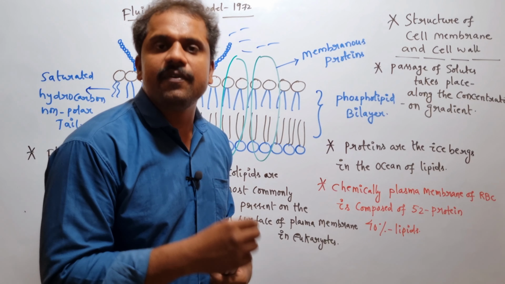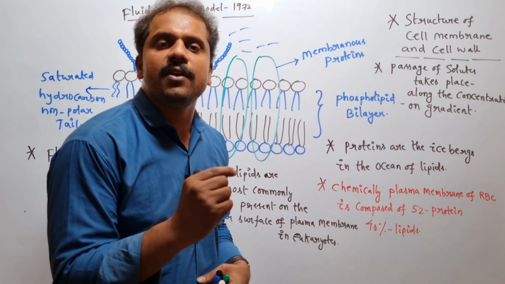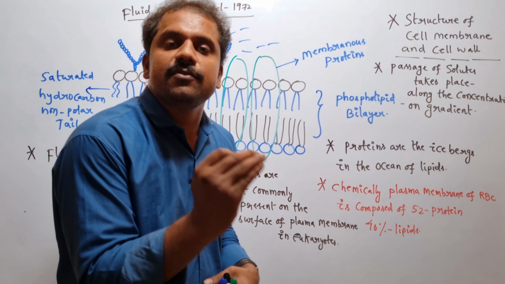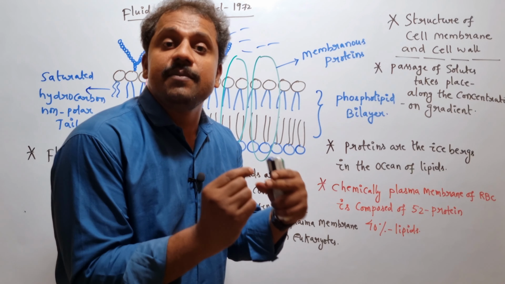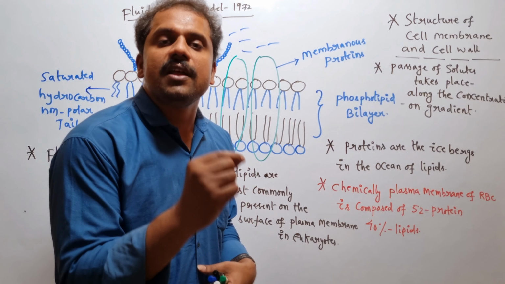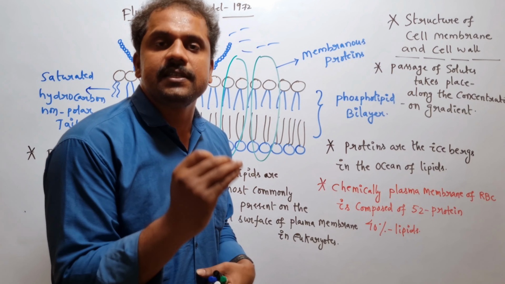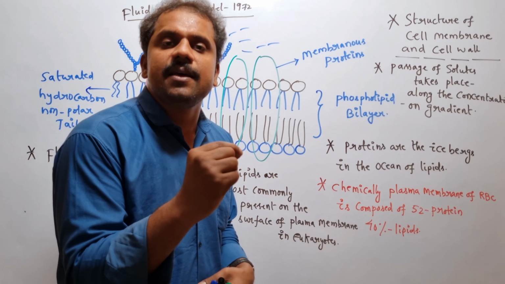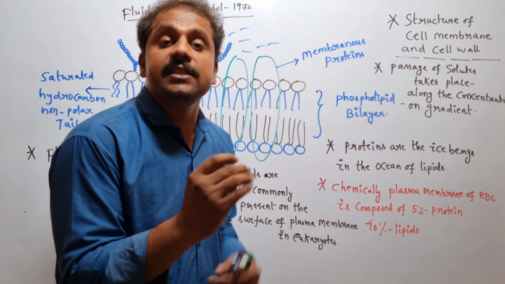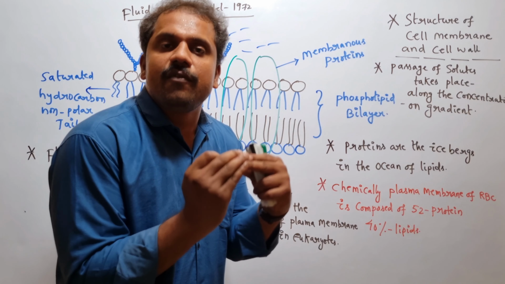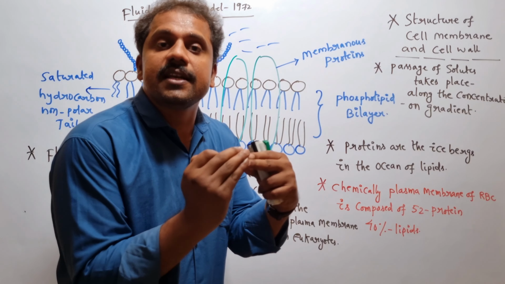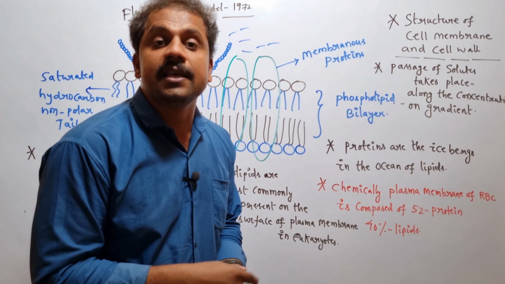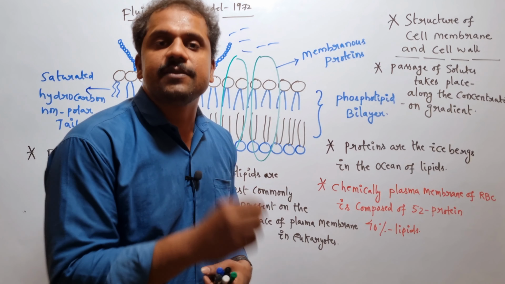Diffusion. In the same way, for the successful passage of water molecules from higher concentration to lower concentration through the semi-permeable membrane, one more process is involved, and it is nothing but what? Osmosis. Osmosis is the process through which successful transportation of water from higher concentration to lower concentration takes place across the cell membrane or plasma membrane.